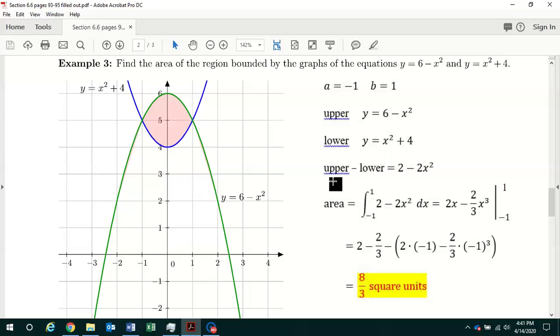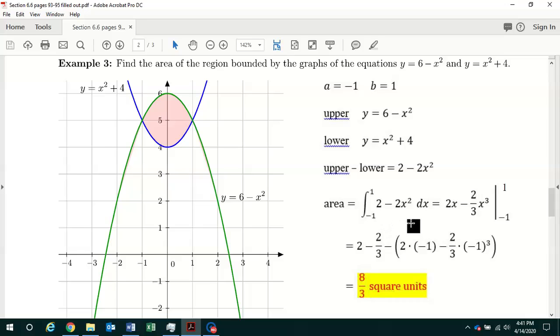When we do upper minus lower, we get 2 minus 2x squared. So the area in pink here is equal to the definite integral from -1 to 1 of 2 minus 2x squared.